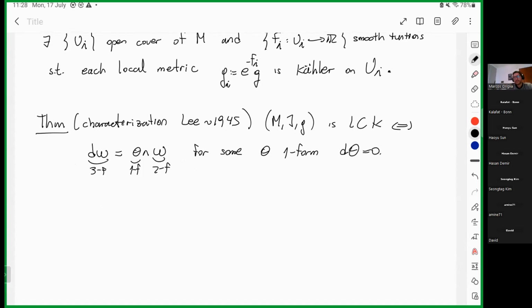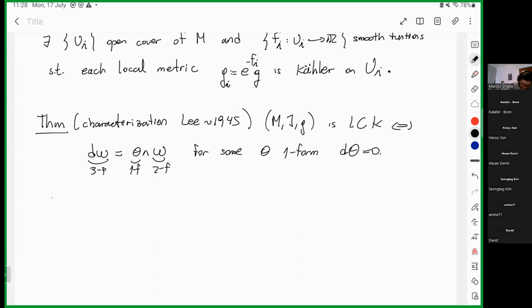We talk about locally conformally Kähler structure, and normally we say that the metric is locally conformally Kähler, or omega is locally conformally Kähler. It's the same, because remember that the metric with the complex structure defines the 2 form, and the 2 form with the complex structure defines the metric. So everything is the same.